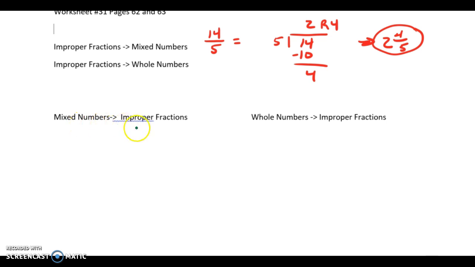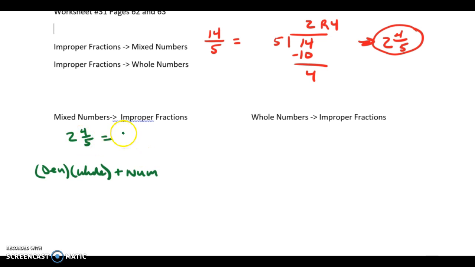Okay, so now we're going to go from a mixed number to an improper fraction. Our mixed number will start with 2 and 4/5, the example we just did. What could I do to work backwards? Well, I take the denominator, multiply it by the whole number, and then I'm going to add the numerator.